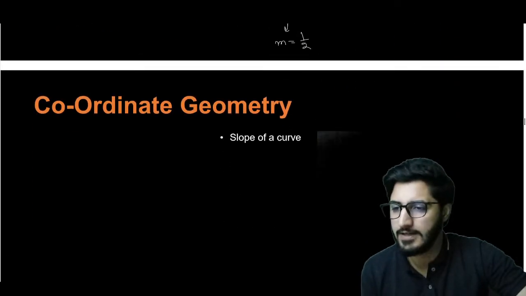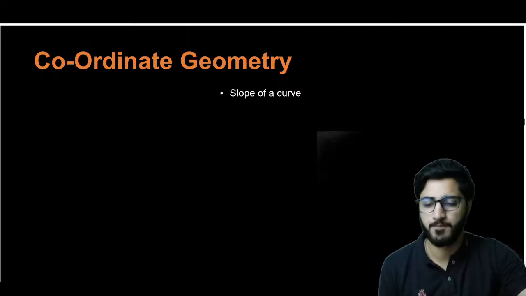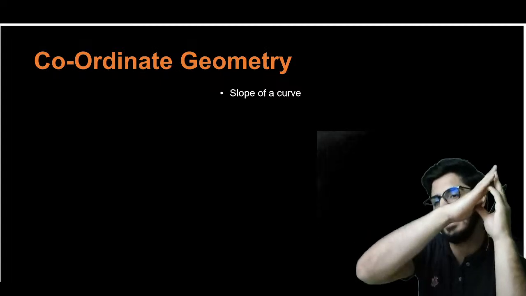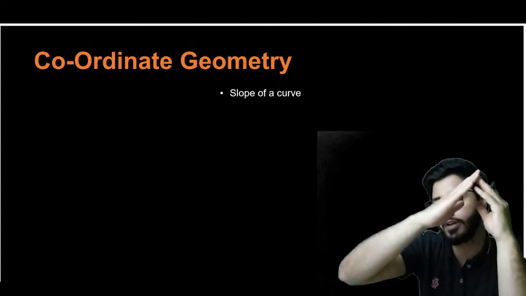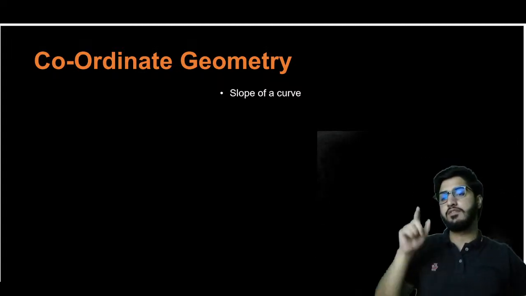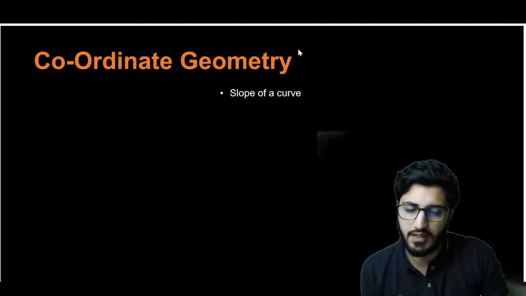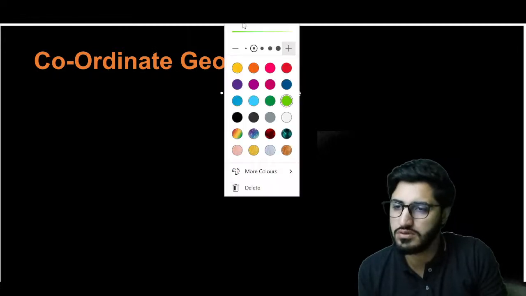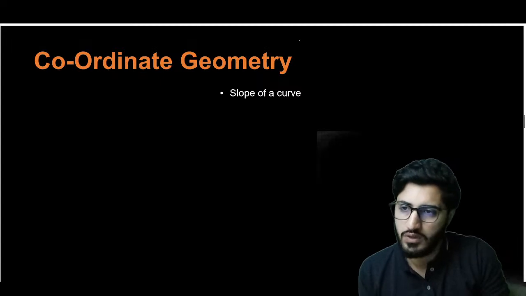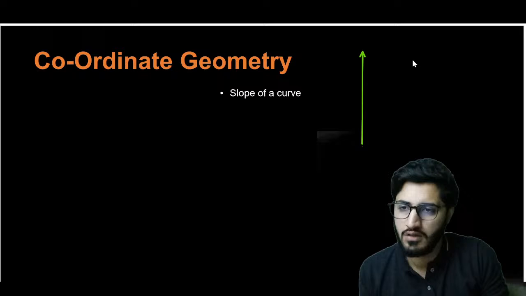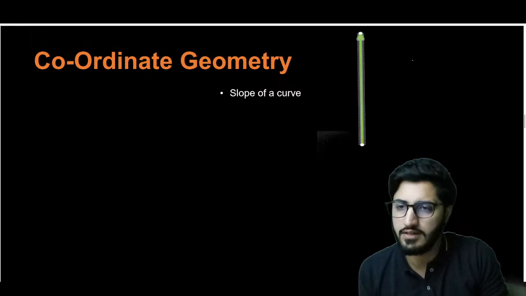Now we are having the slope of a curve. Let's suppose we are not having any straight line. Now we are having some line which is some sort of curve. How can we deal with this type of thing? Let us suppose we are having things like this.